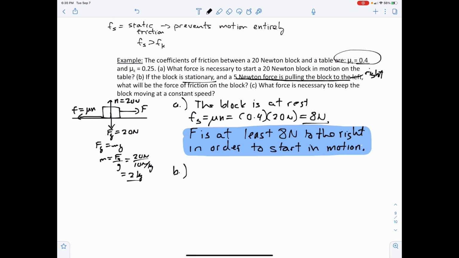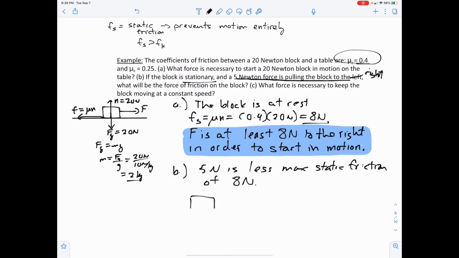Well, 5 newtons is less than the maximum static friction of 8 newtons. So what that means is if we're pulling with a force of 5 newtons to the right, that means the frictional force to the left this time has to be 5 newtons.